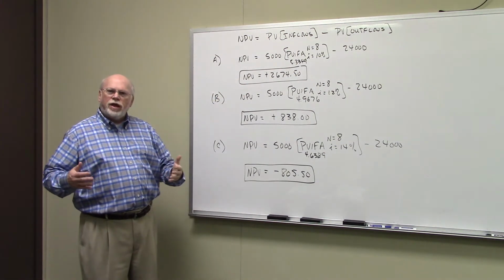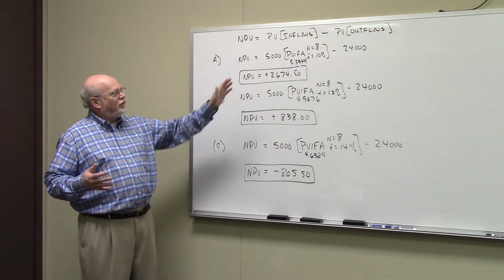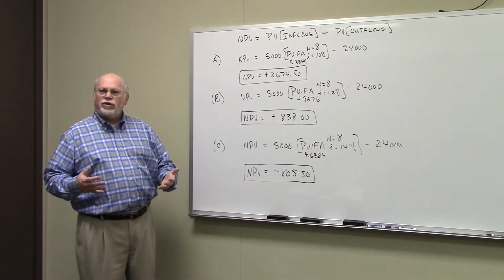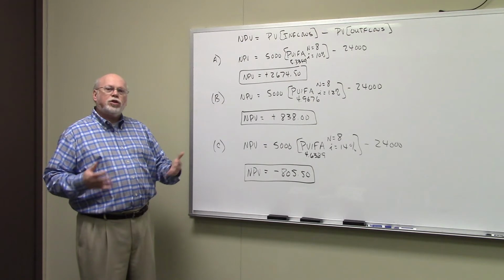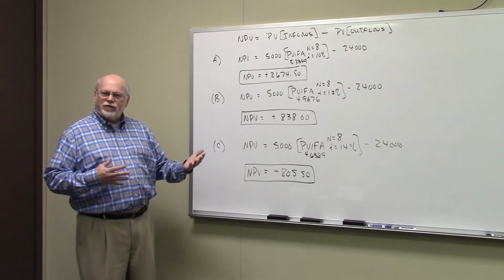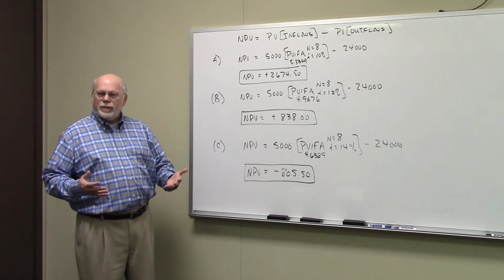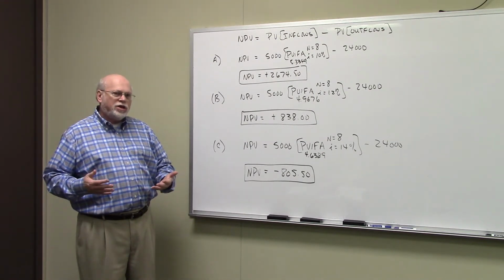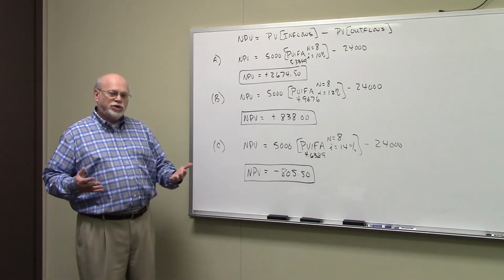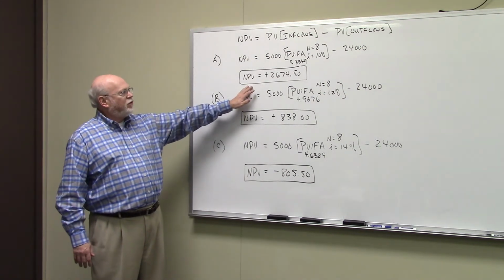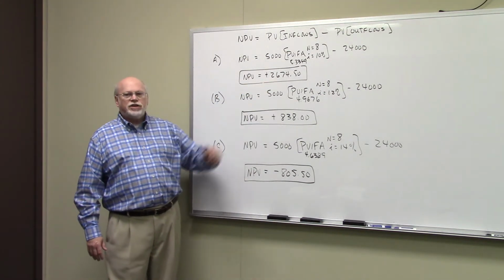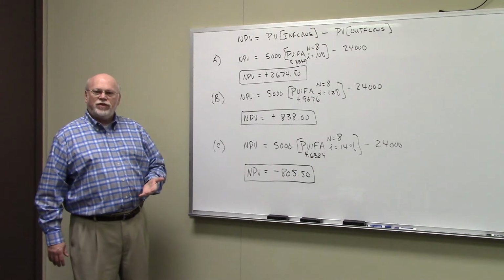If you went to your PVIFA table, you'd find that's 5.3349. If you multiply that interest factor times 5,000, that gives you the present value of your inflows. Subtract from that the initial investment required, which is $24,000, and in the first scenario, we get a positive $2,674.50.